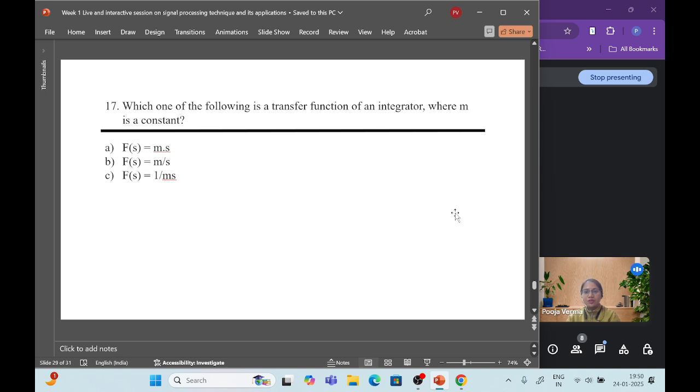So next question is, which one of the following is a transfer function of an integrator, where m is a constant? So what is the transfer function of an integrator circuit? Integration of any value m dt. What will be the Laplace transform of integration? For a differentiator we already know that it is d by dt of any constant, so it is m into s.